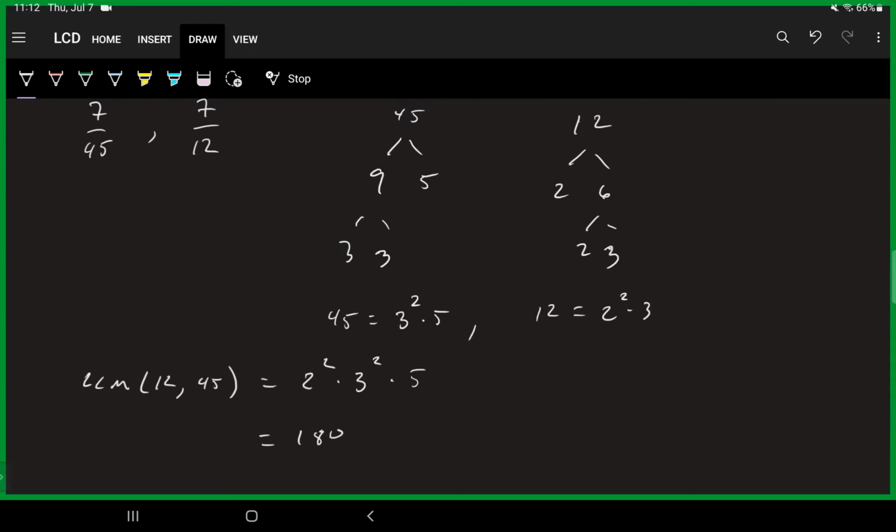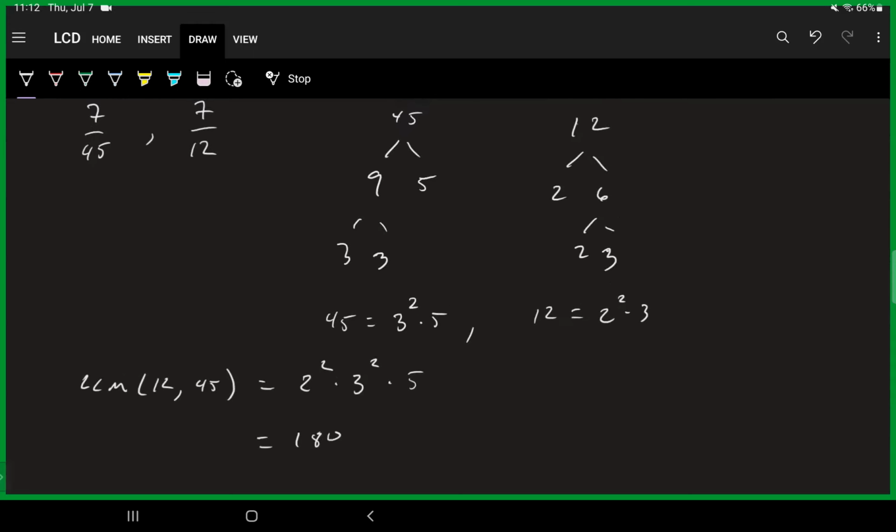Now I need to know what to do with that. Well, I'm noticing that 12 is missing a 5, and 45 is missing a 2 squared.